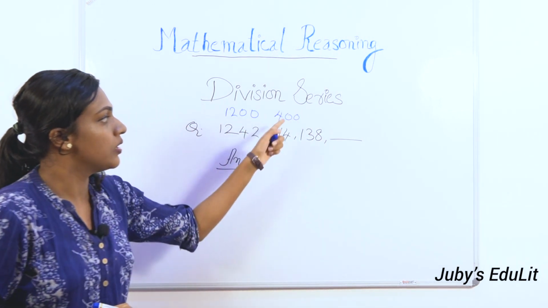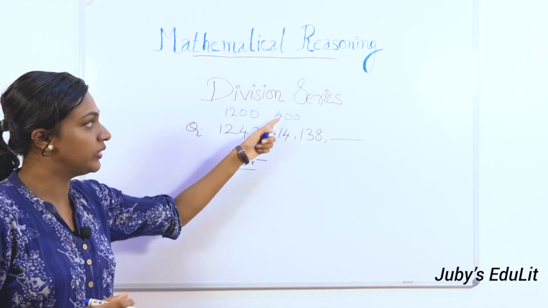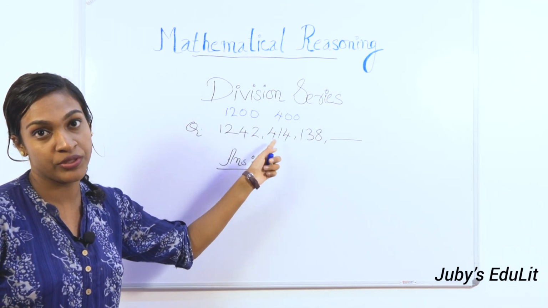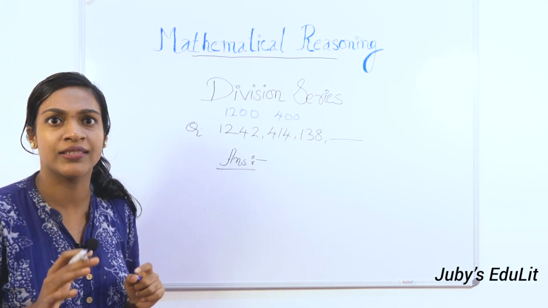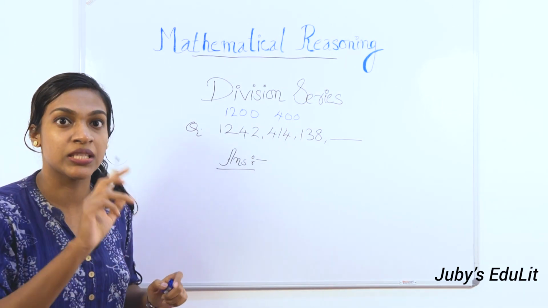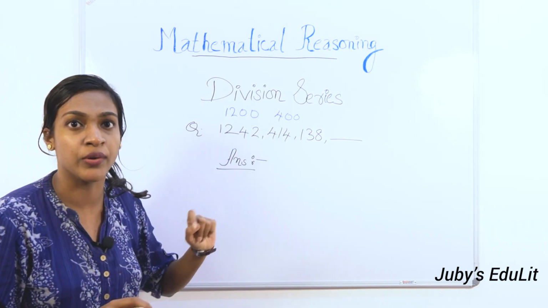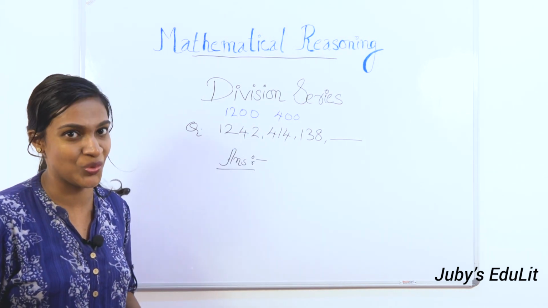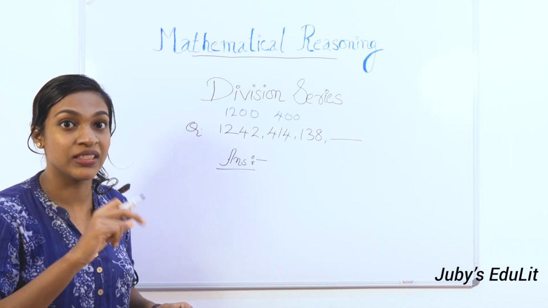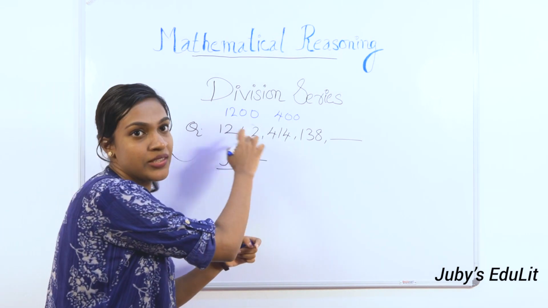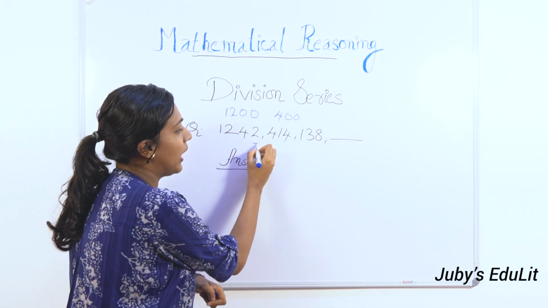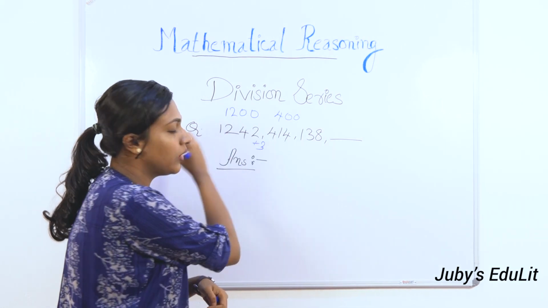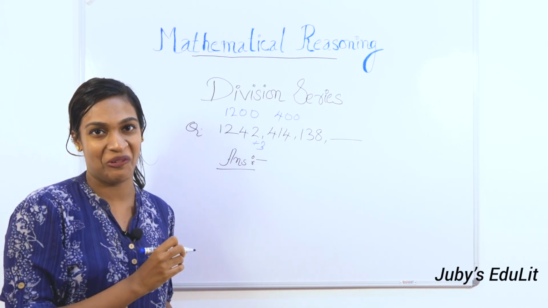Now looking at these two, 1200 and 400, if 3 is multiplied by 400, you get 1200. Now let's take this 3 to our series of numbers. If 1242 is divided by 3, you get 414.